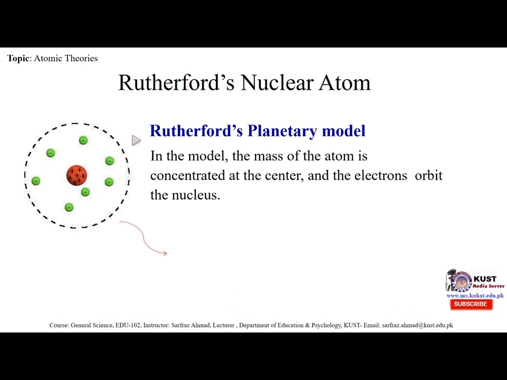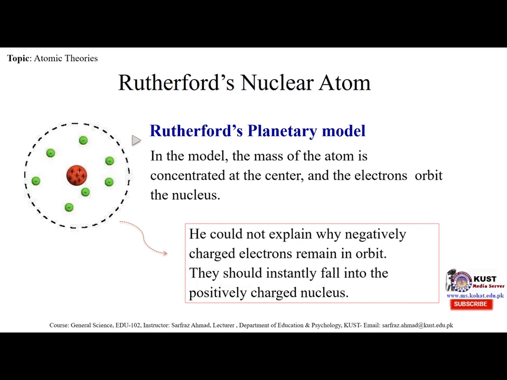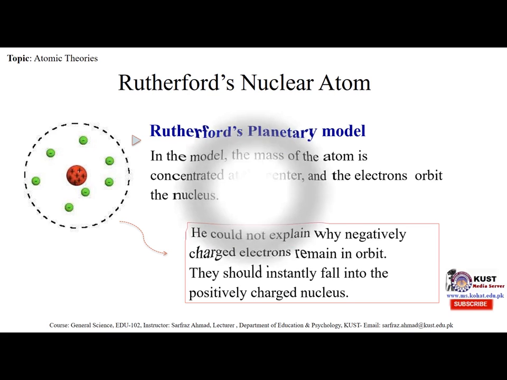Rutherford's planetary model: in this model, the mass of the atom is concentrated at the center and the electrons orbit the nucleus. He could not explain why negatively charged electrons remain in orbit, since they should instantly fall into the positively charged nucleus.